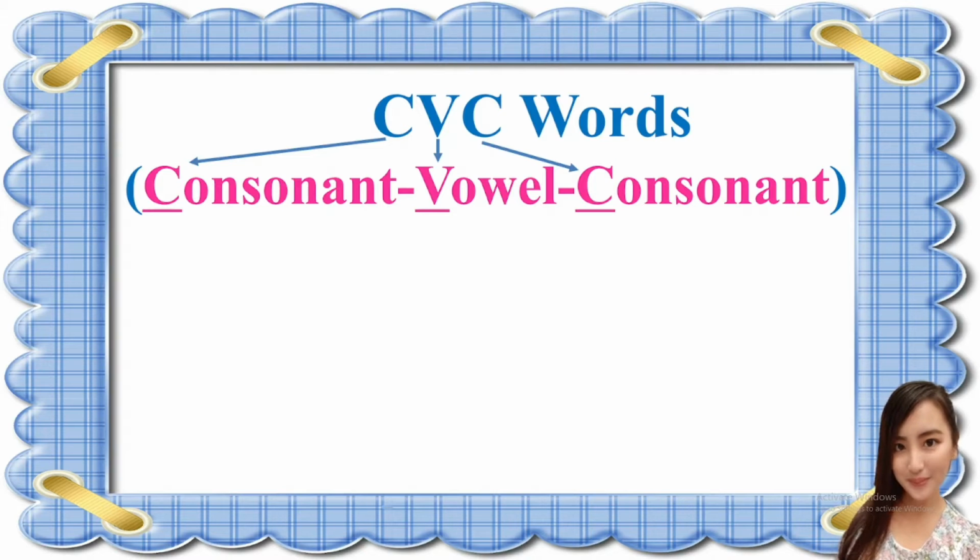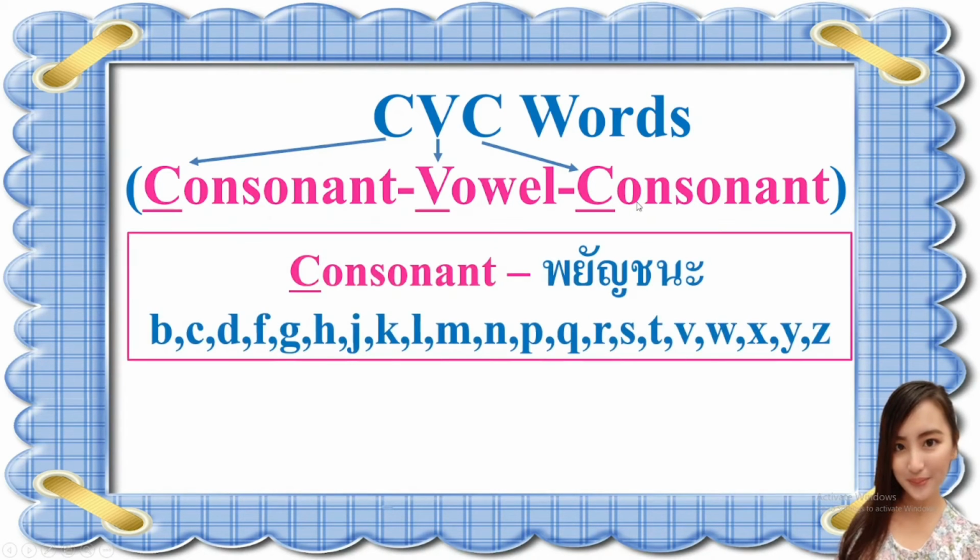Okay, so before we discuss the next rule, let us first learn about CVC words. What do you mean by CVC words? CVC means consonant, vowel, consonant. What do you mean by consonant?